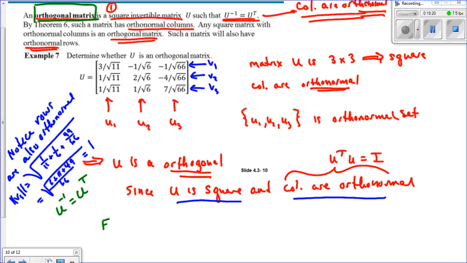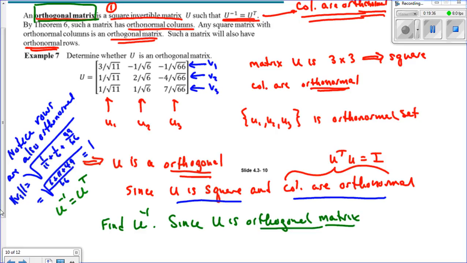So find U inverse. All you have to do is show it's an orthogonal matrix. An orthogonal matrix, not a set of vectors, an orthogonal matrix. Then we know that U inverse is just the transpose, which I can just write down.